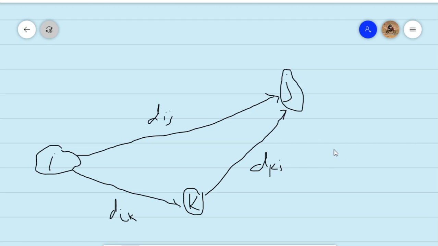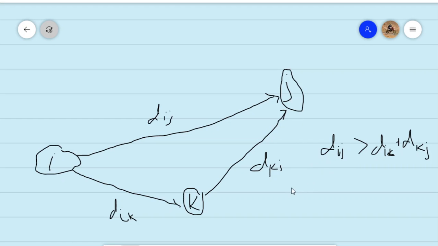If it can be found that d sub ij is greater than d sub ik plus d sub kj, meaning this path is longer than these two combined, then the direct distance or the direct route will be replaced by an indirect route.